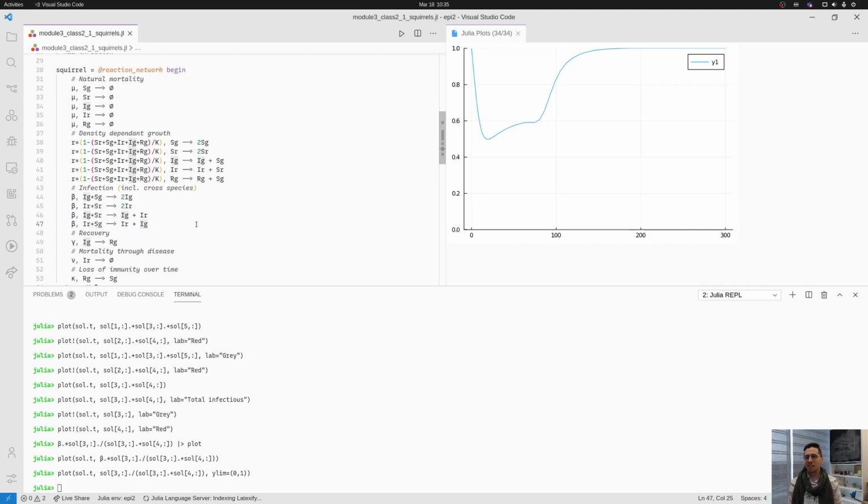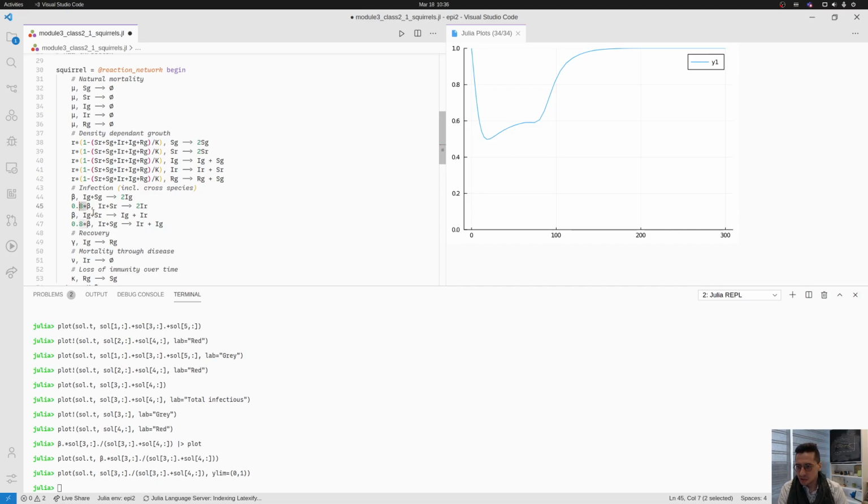But maybe the species tend to keep together a little bit. And so overall, a contact between two gray or two red individuals is more likely than a contact between individuals from different species. So we can say, I don't know, let's say 80% as likely.